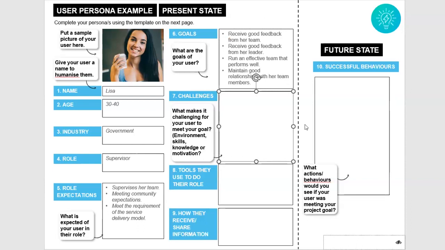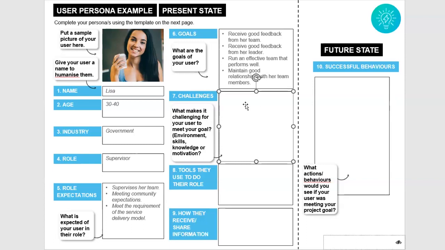So have a think about what might be challenging for your user. It could be challenges they have in their role, could be in their personal life that impacts their job. But some examples are, so for this persona, our goal, so you can see here it says what makes it challenging for your user to meet your goal. Let's say for this goal, we are wanting to help supervisors to have performance conversations with their team that are effective.